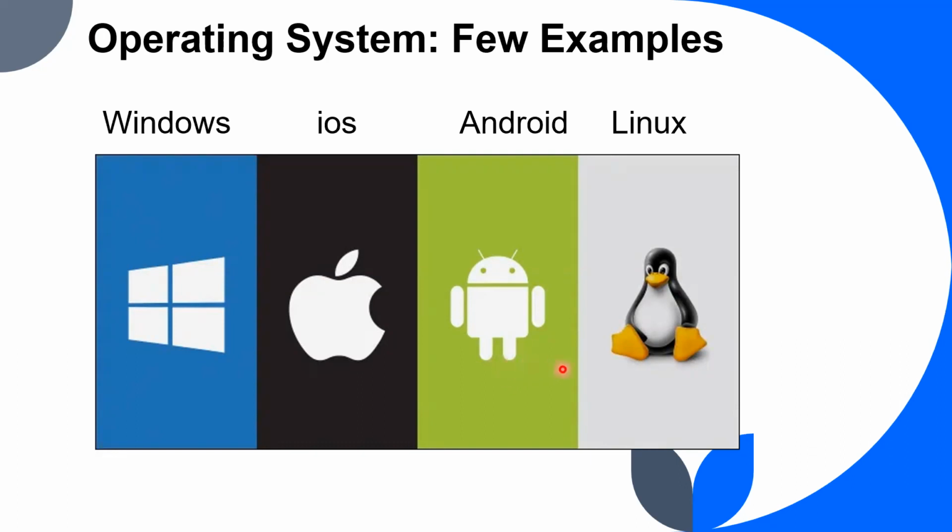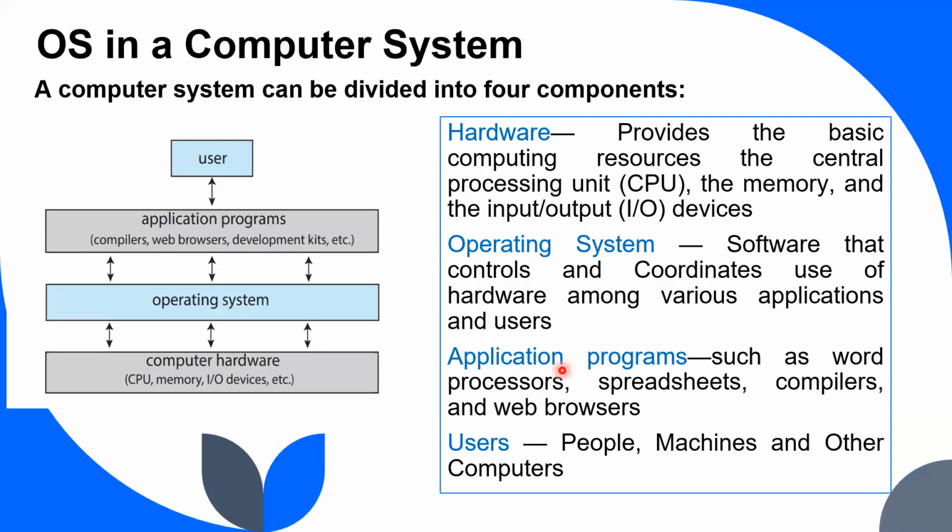Now let us see the formal definition of an operating system. Before that, let us see what exactly is the location of an operating system in a computer system.